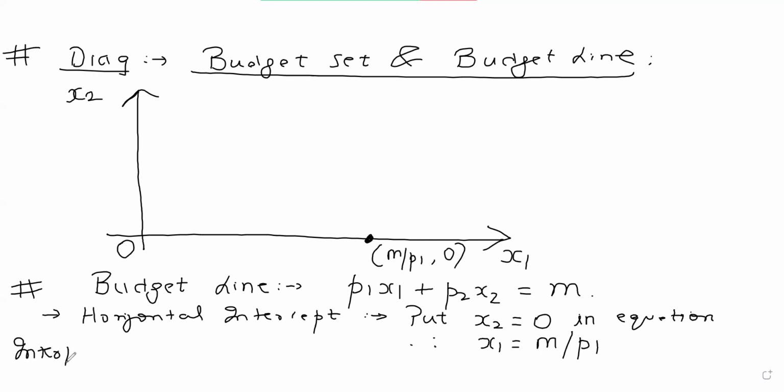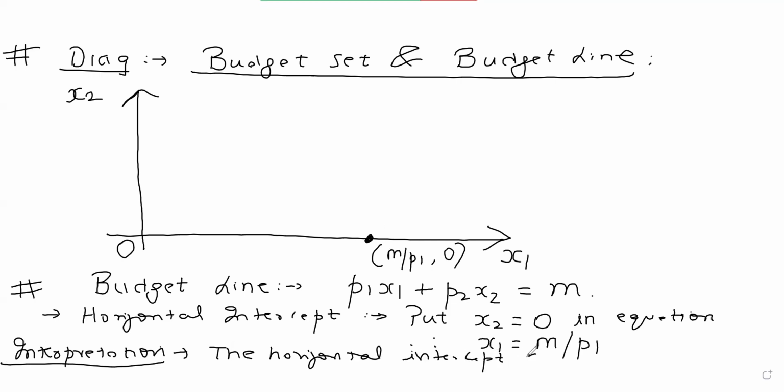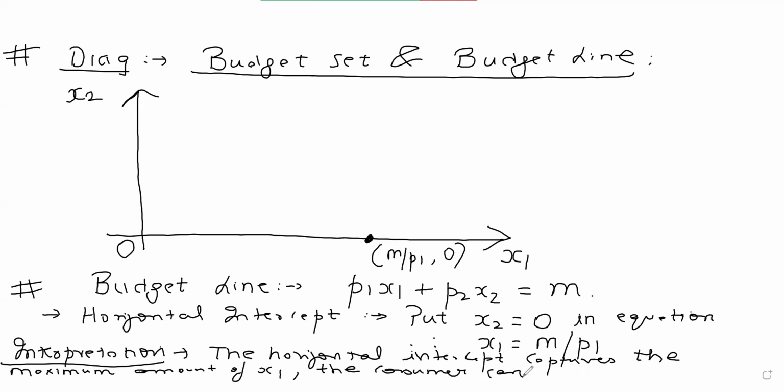Interpretation of the horizontal intercept, let's quickly write that. The horizontal intercept captures the maximum amount of x1 the consumer can afford to consume given his income and prices.